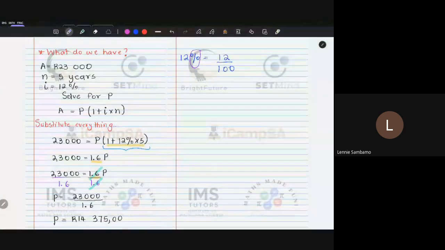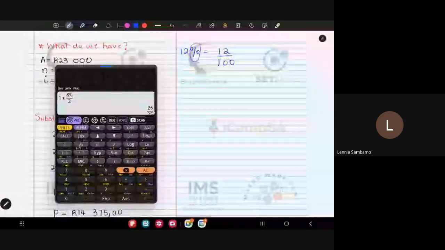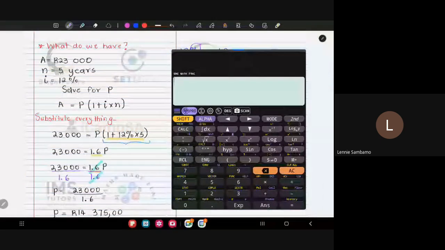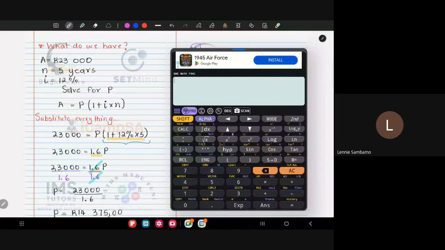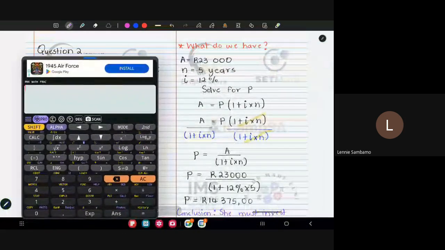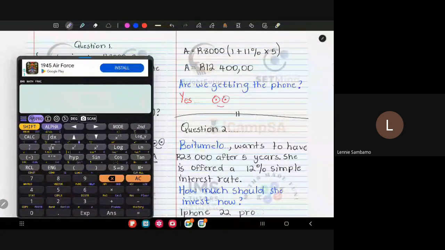Let me show you what I mean. Let's pop up our calculator here. Can you see my calculator, guys? Yep. Okay, so let's quickly work out a calculation.